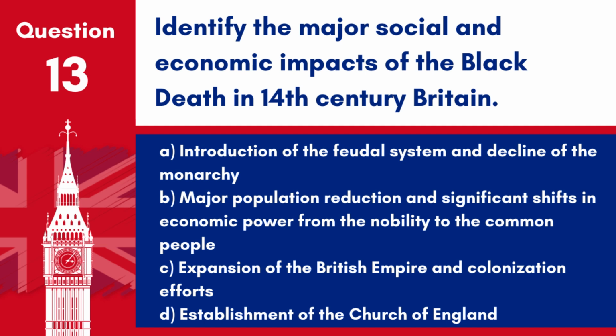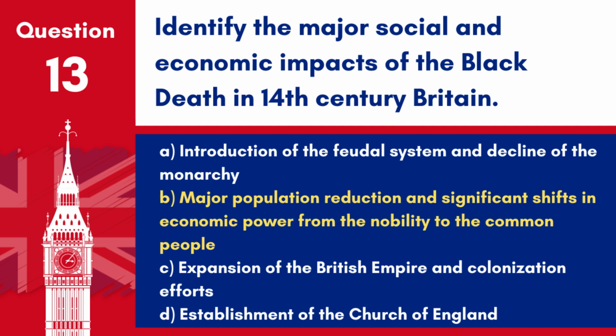A. Introduction of the feudal system and decline of the monarchy. B. Major population reduction and significant shifts in economic power from the nobility to the common people. C. Expansion of the British Empire and colonization efforts. D. Establishment of the Church of England. Answer: B.